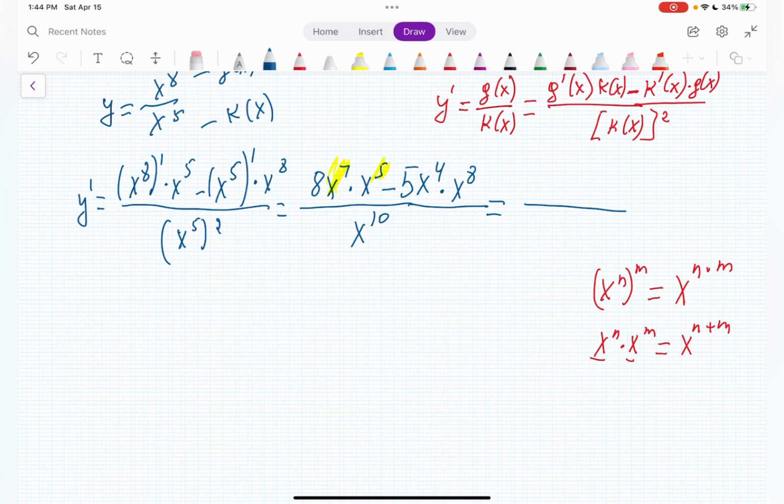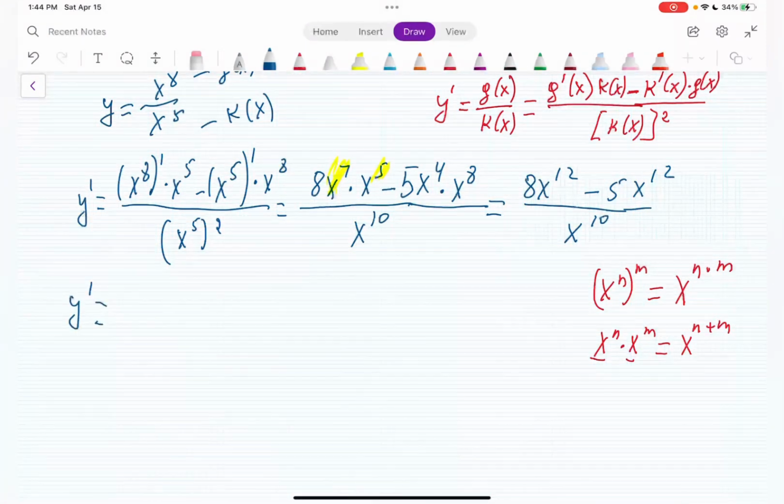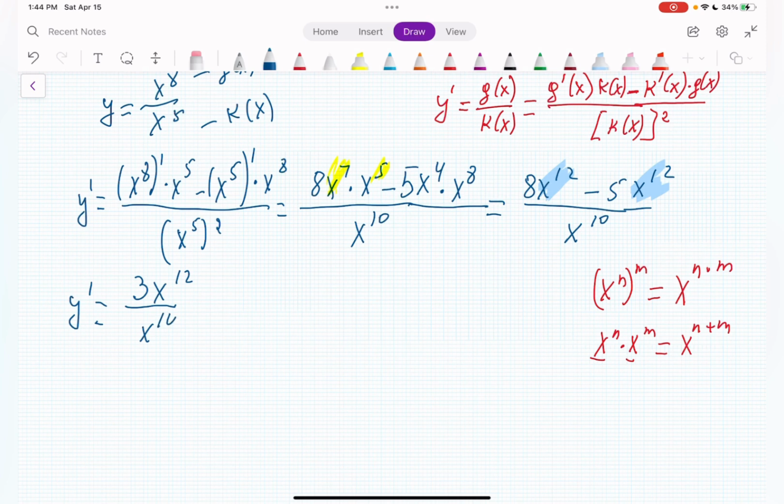And we have 8x to 12, and then minus 5 times also x to 12, and divided by x to 10. So y prime is equal to, since in both cases we have x to 12, they are like terms, which means it's going to be 8 minus 5, which is 3x to 12, divided by x to 10.